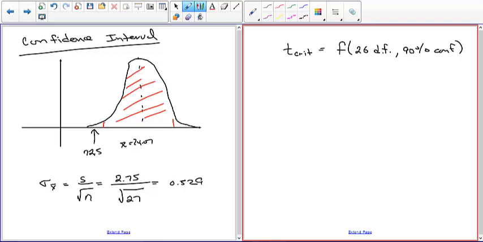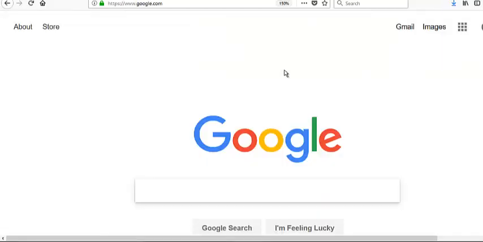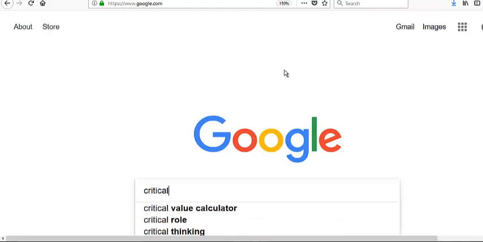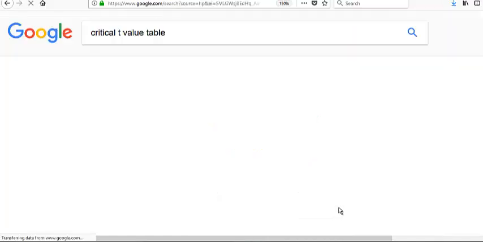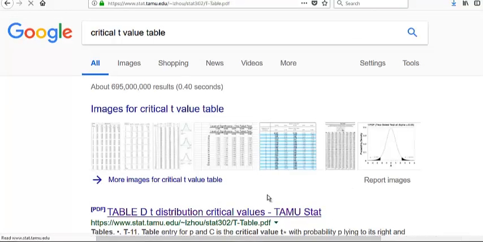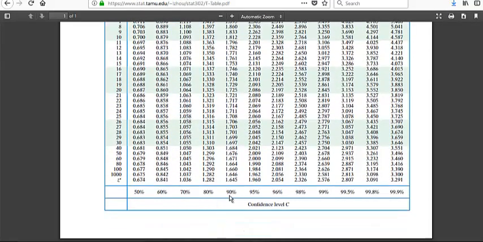So we need to go to the internet and put in our now familiar search term, critical t-value table. Okay, there's the magic chart. We go to the bottom, 90% confidence level, 26 degrees of freedom, critical t-value is 1.706.